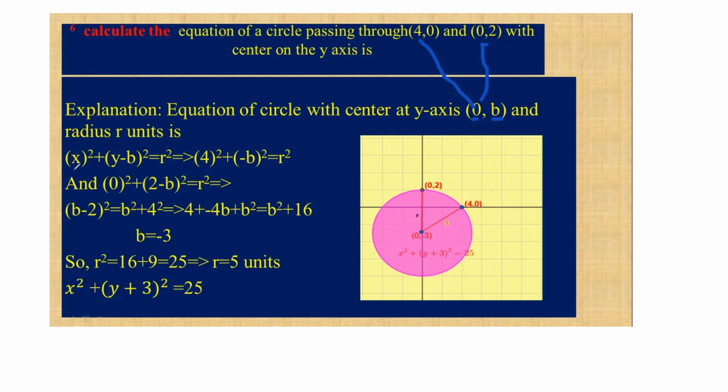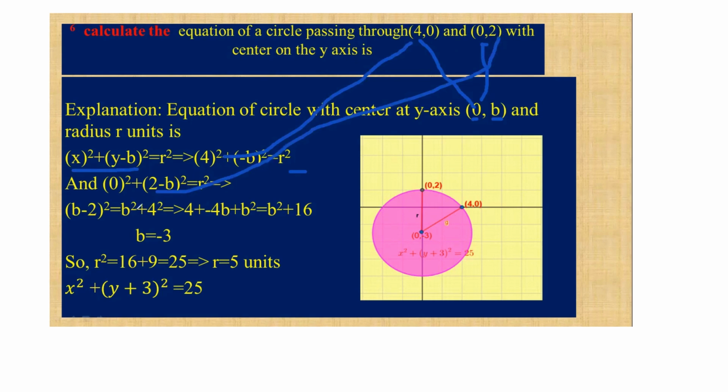Using the distance formula, this equation equals 4 squared plus minus b squared, which is r squared, and this is from the center to (4, 0), and from the center to (0, 2) is this equation.